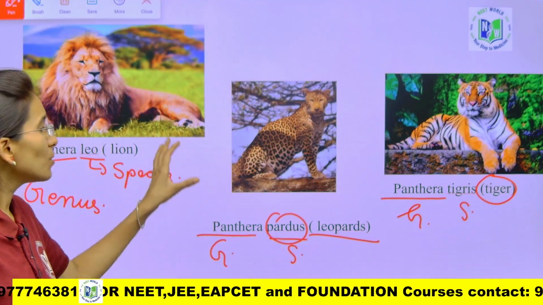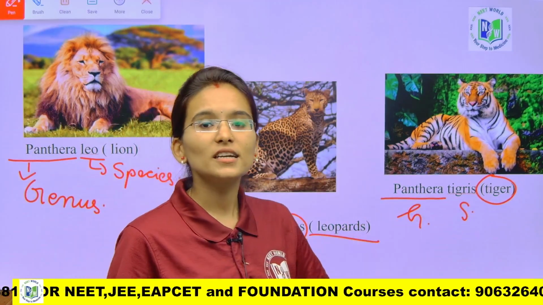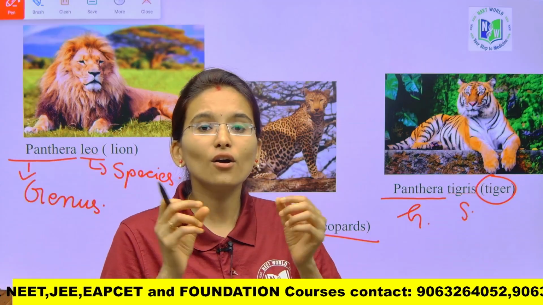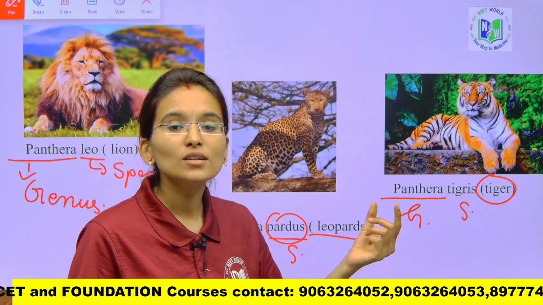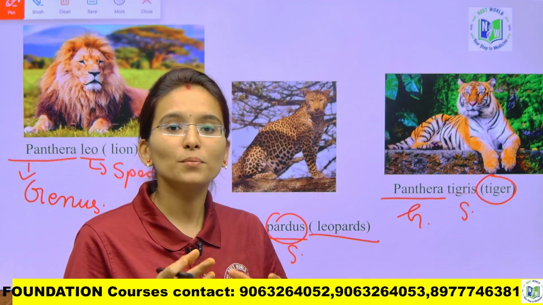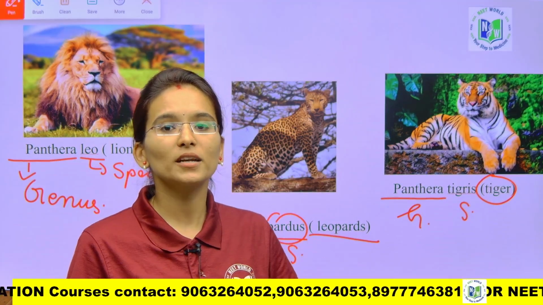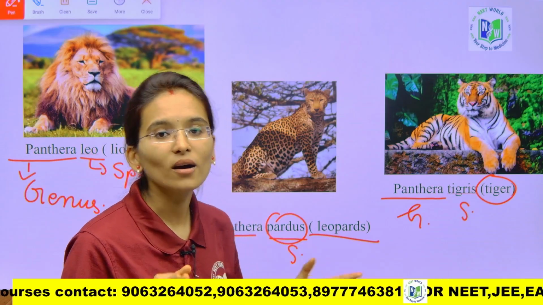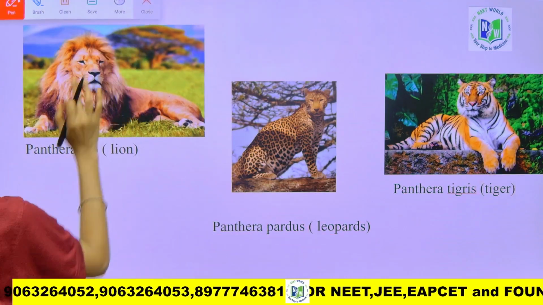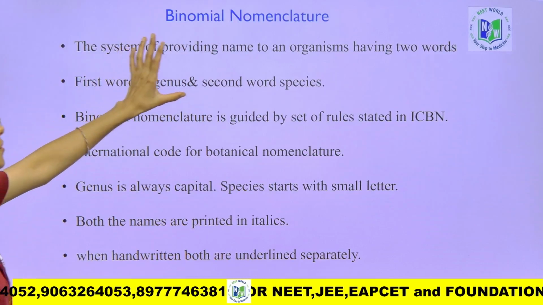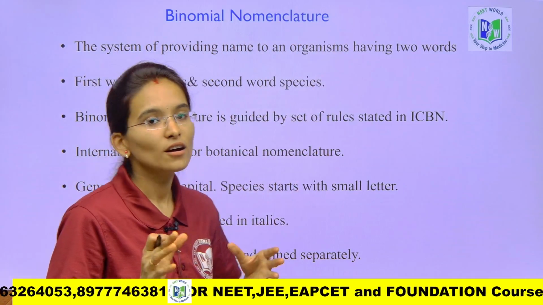But now, for binomial nomenclature, a set of rules is presented. There are a set of rules you need to apply when you provide the scientific binomial nomenclature to the identified organisms. So look into this, students. Here are the rules of binomial nomenclature.